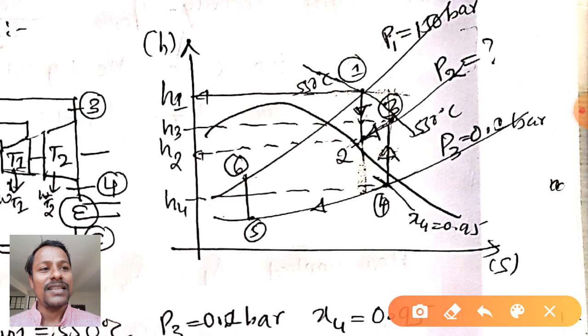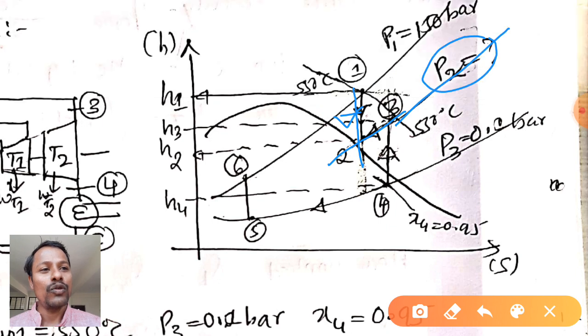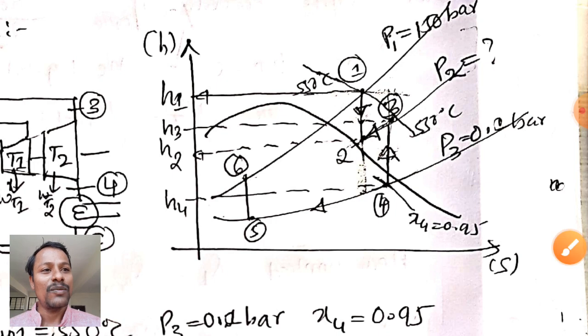So I will move along this constant pressure line, that is the P2 pressure line. So I can read the P2 pressure line on the Mollier chart. After that, if I move downward until it cuts the vertical downward line that I had drawn for the process 1 to 2, I can get state point 2 here. Thus I am able to represent the reheat cycle on the Mollier chart.